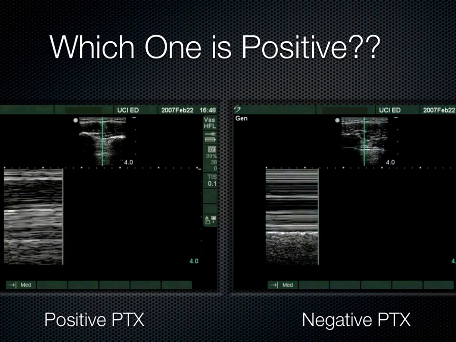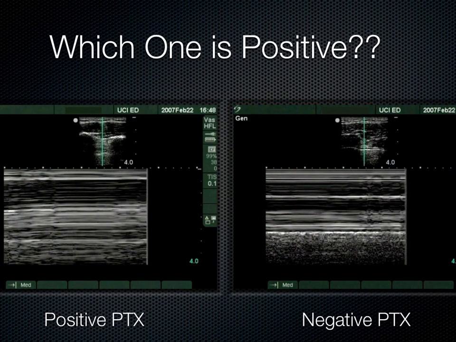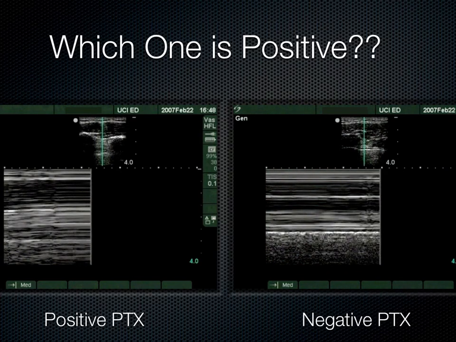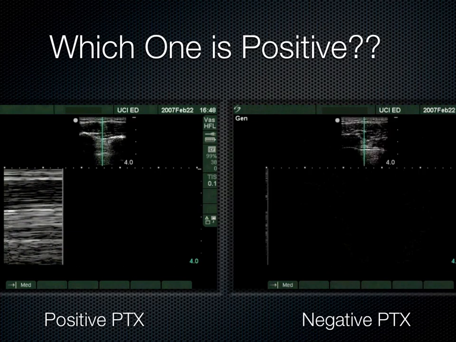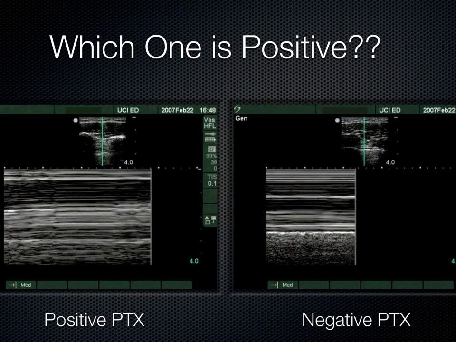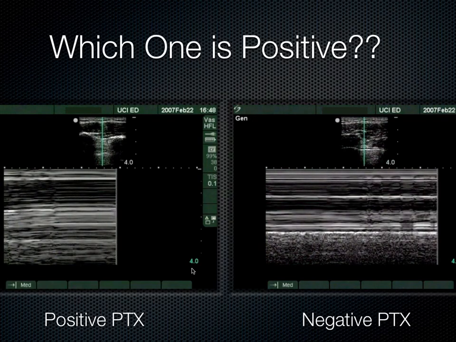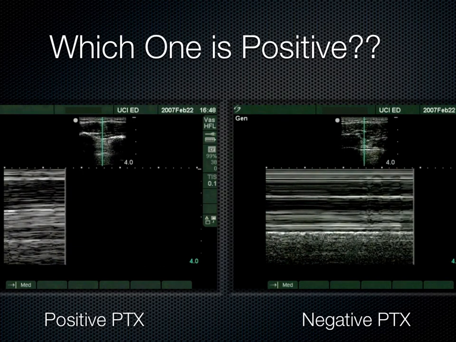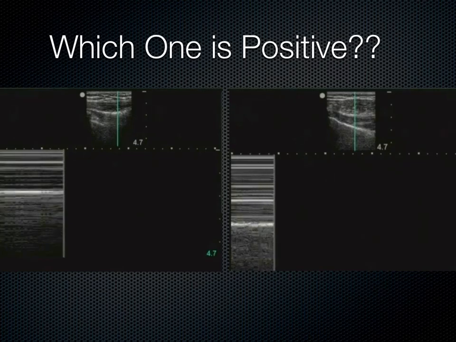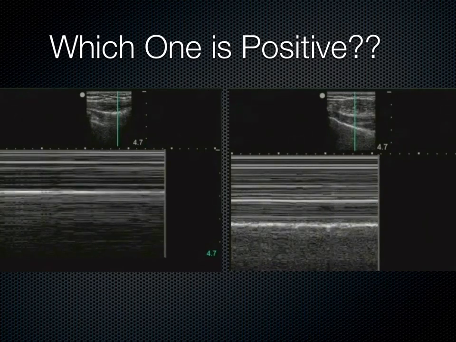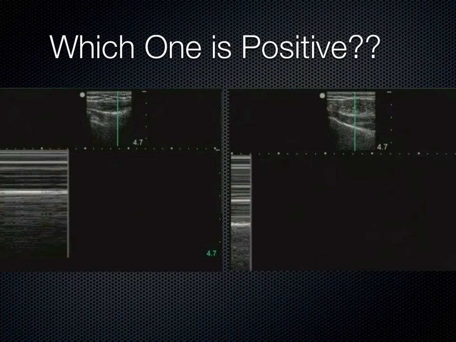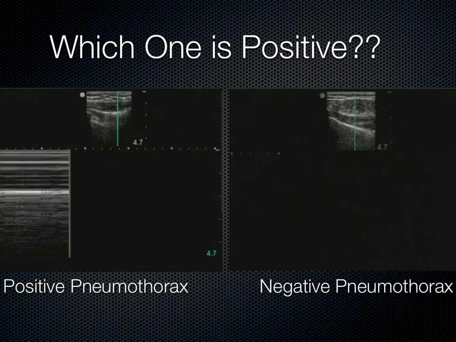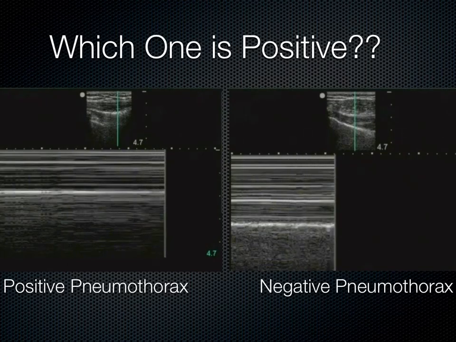So there's a positive pneumothorax in the image on the right, which shows the barcode, and the image on the left of the screen that you're seeing right here, here we have the Sky Ocean Beach, negative pneumothorax. And again, last examples, which one is positive? Right, so the negative pneumothorax again, Sky Ocean Beach.